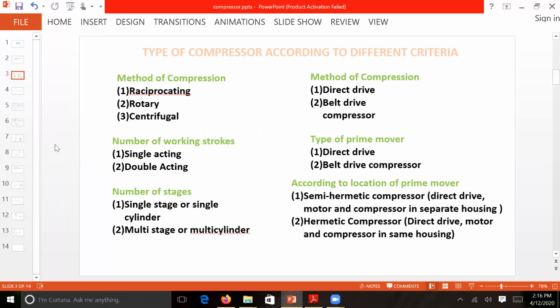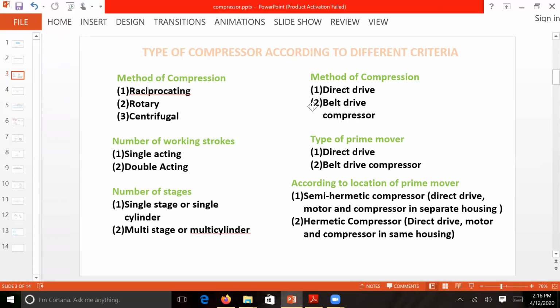As you can see, these are different types of compressors according to different criteria. According to the method of compression, this is basically what the moving part inside the compressor is. Depending on that, a compressor can be classified into a reciprocating compressor, rotary compressor, or centrifugal compressor.